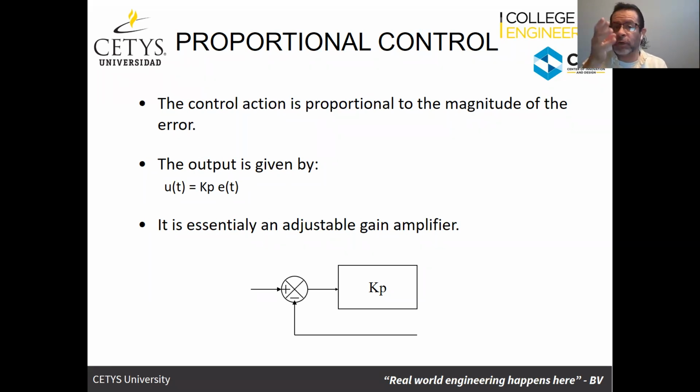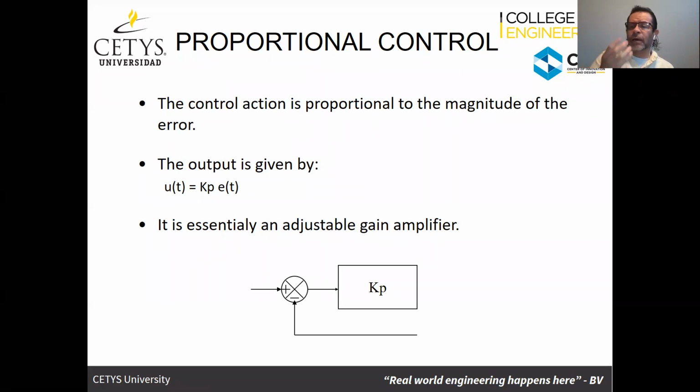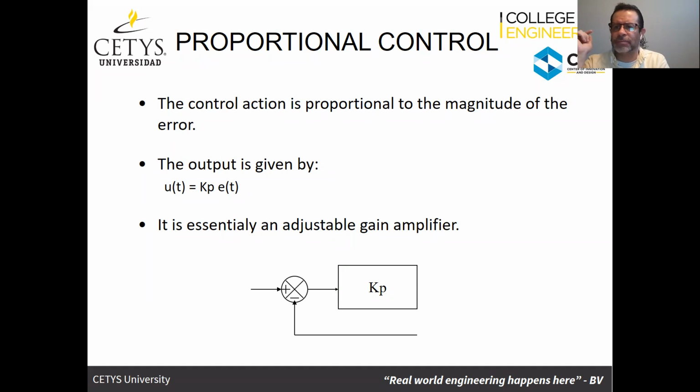The transfer function for a proportional control is simply the value of K. If you guys are taking analog electronics 2 and you're working with amplifiers, well, basically, a proportional control is an adjustable gain amplifier. So that KP could be a combination of resistors in an operational amplifier setup or a transistor setup, for example. It's going to simply be the proportional action being done to the actuator, and this proportional action is going to be proportional to the error of the system.